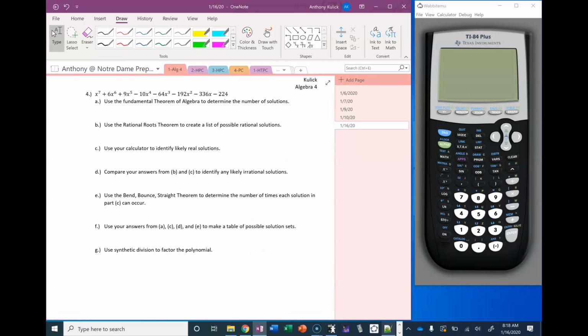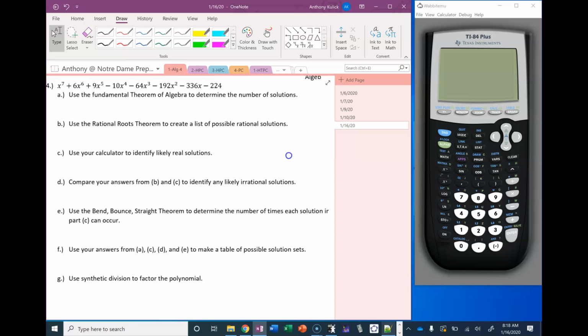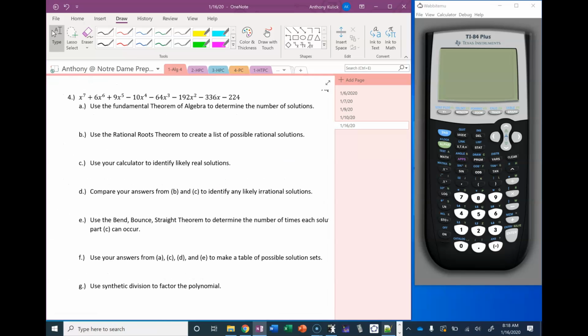Okay. The last one, how many solutions should we have here? 7. Okay. And then my list of rational solutions. Let's see, help me out. So 1, 2, not 3 though, right? 4 works. 7 works. 8 works.